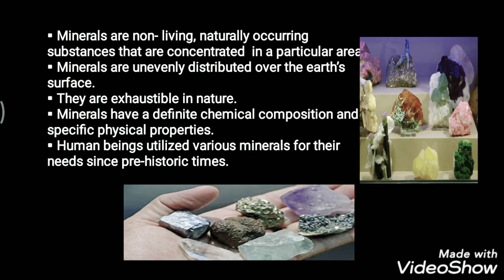And the next one, that is, human beings have utilized various minerals for their needs since prehistoric times. That means the ages through which civilization has existed have depended on one mineral or another, and each age has been named after the mineral used in that particular age. Suppose we take for example the Stone Age, the Neolithic, Mesolithic, and the Paleolithic age.